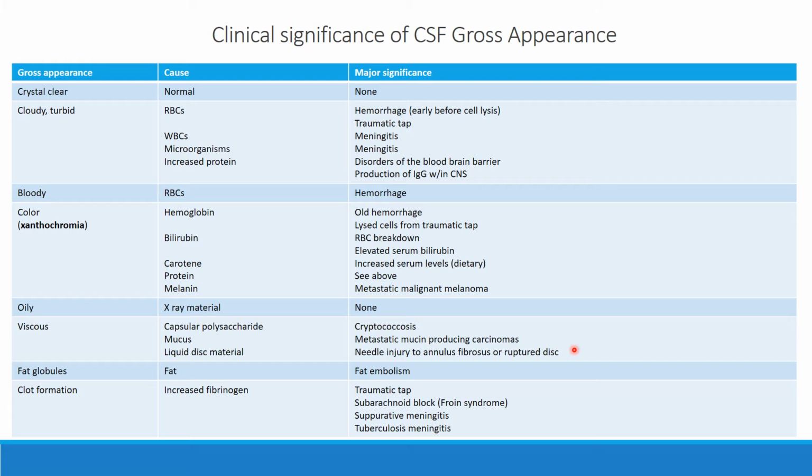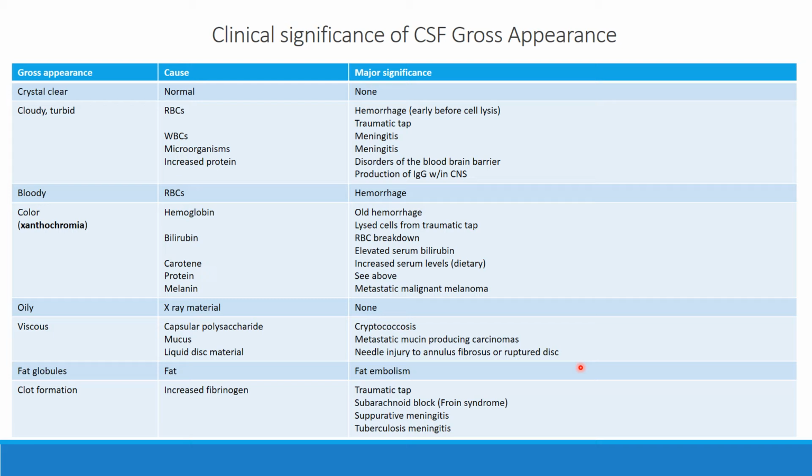And then finally, there is always the possibility, in a really, really bad traumatic tap, that the material inside the discs in your spinal column could be a problem. The doctor could have punctured the disc, and then you end up with that material in your specimen instead of just CSF.